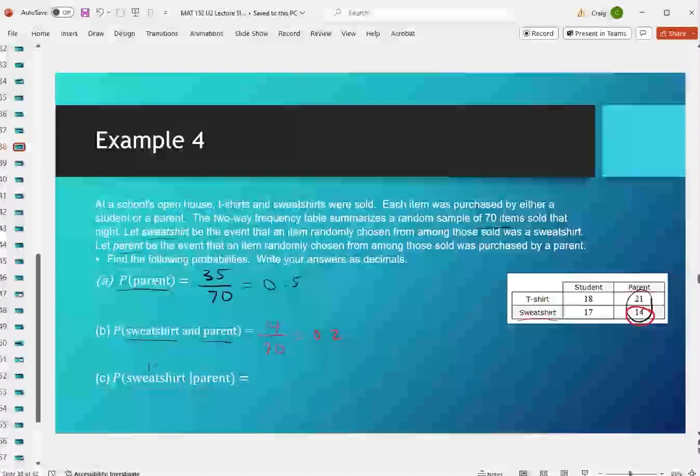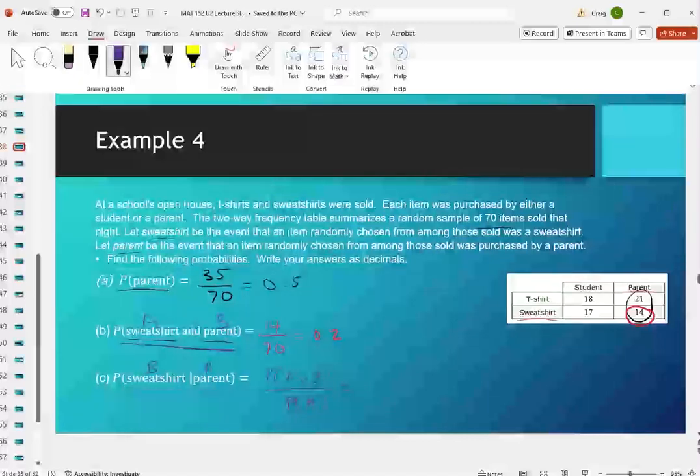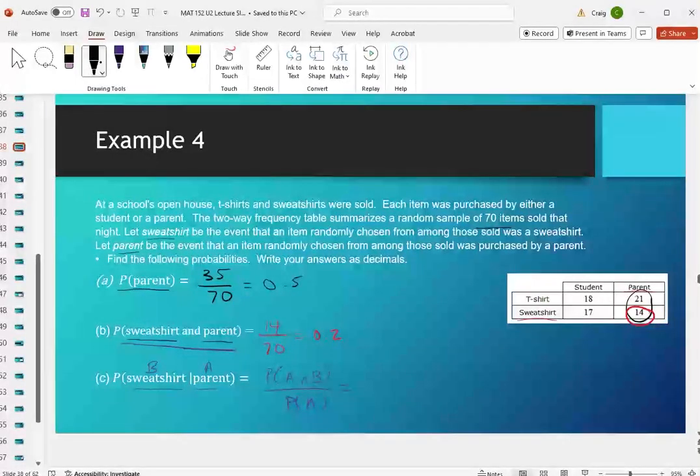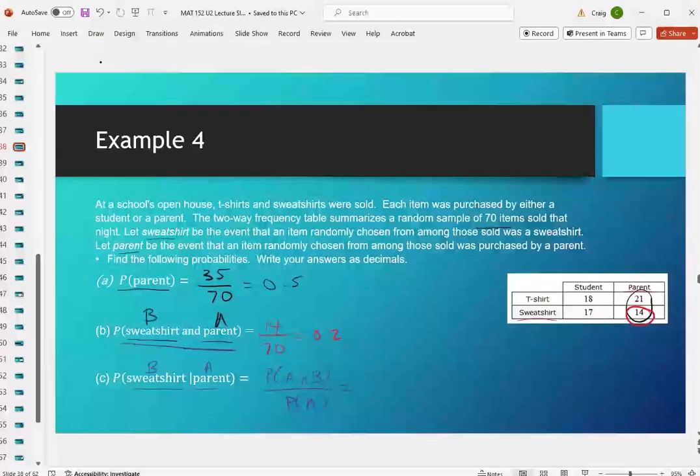So B and A. The probability of B given A is just going to be the probability of choosing both A and B over the probability of A. I'm sorry, I have them backwards in terms of what the letters should look like, it does matter.